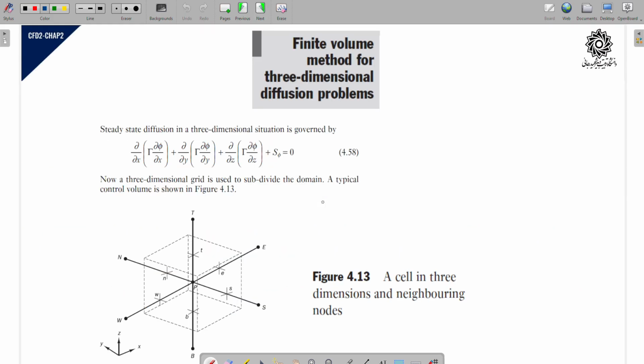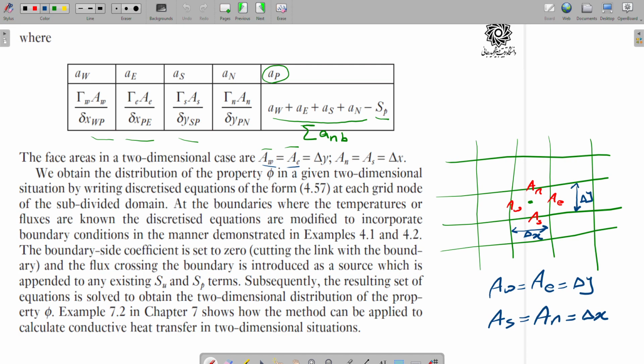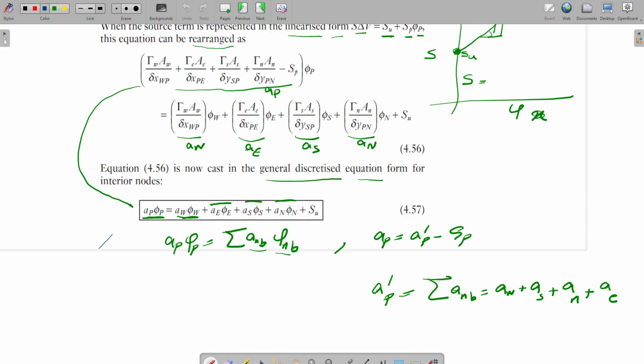We use Gauss-Seidel or inverse matrix to solve this algebraic equation.